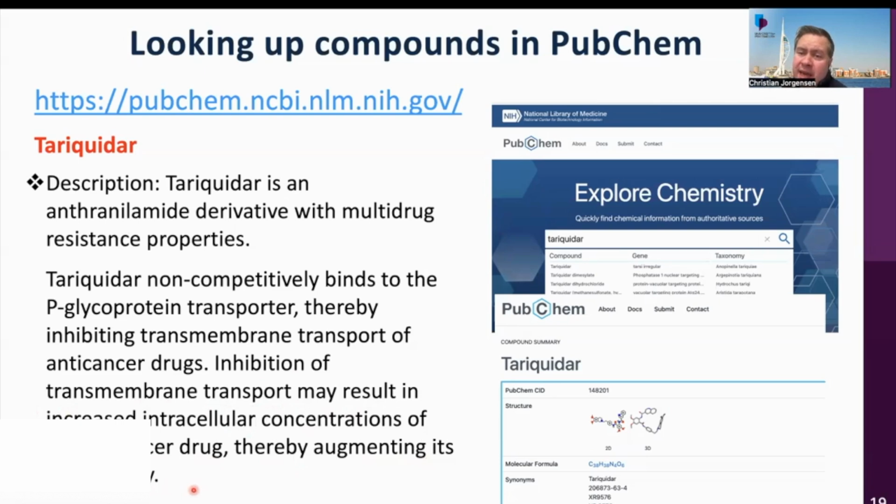So what this means is that if you add tariquidar to your therapeutic, it will stop the efflux process, and so your anti-cancer compound, for instance, Taxol, will pass to the tumor site more efficiently because it is not being pumped out all the time. And then by increasing the concentration of the anti-cancer drug, you increase the efficacy of the drug, and more cancer cells will be targeted.